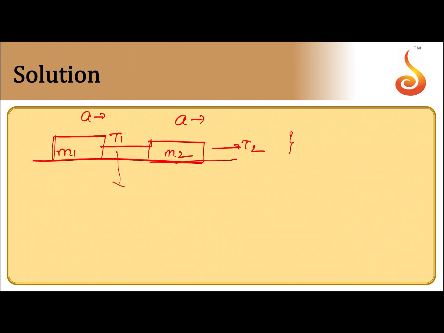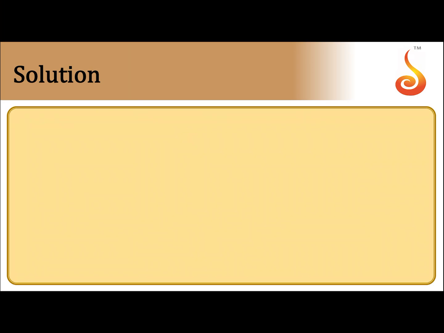So, can I write T1 as m1 a? Yes, T1 can be written as m1 a. And what about T2? T2 is equal to m1 plus m2 into a. So, what is the ratio T1 divided by T2?